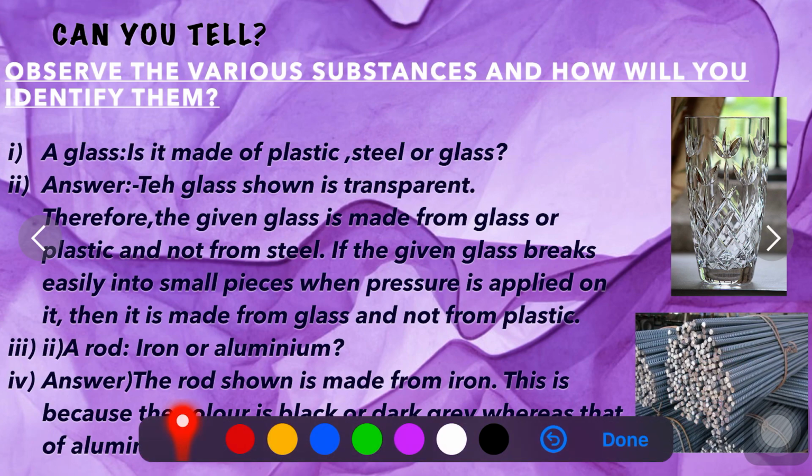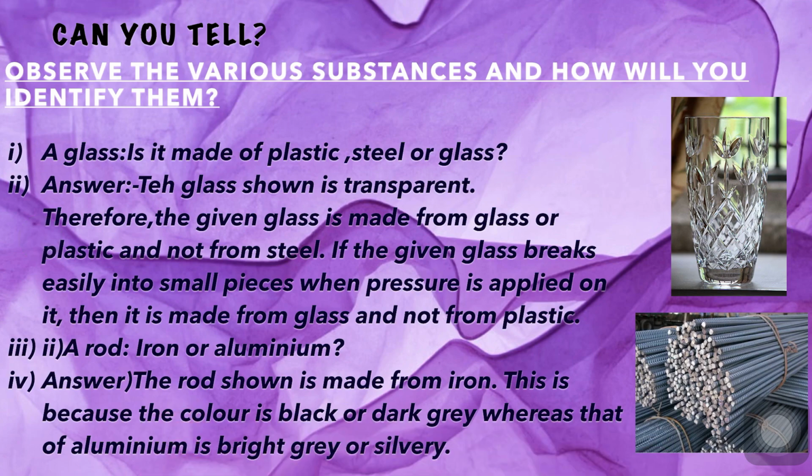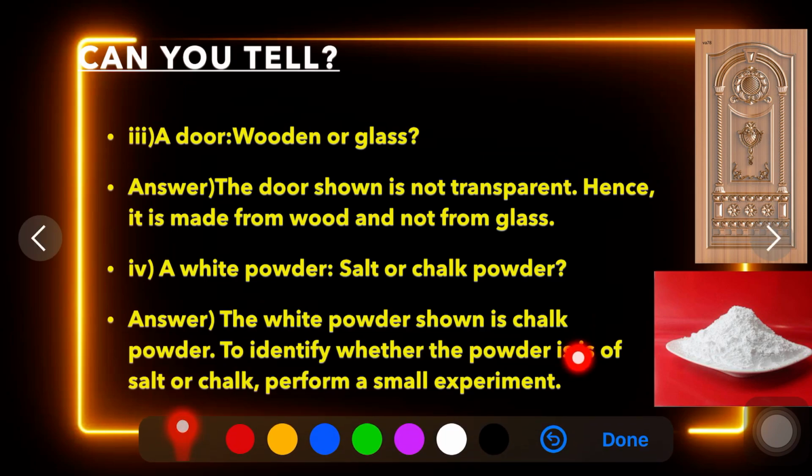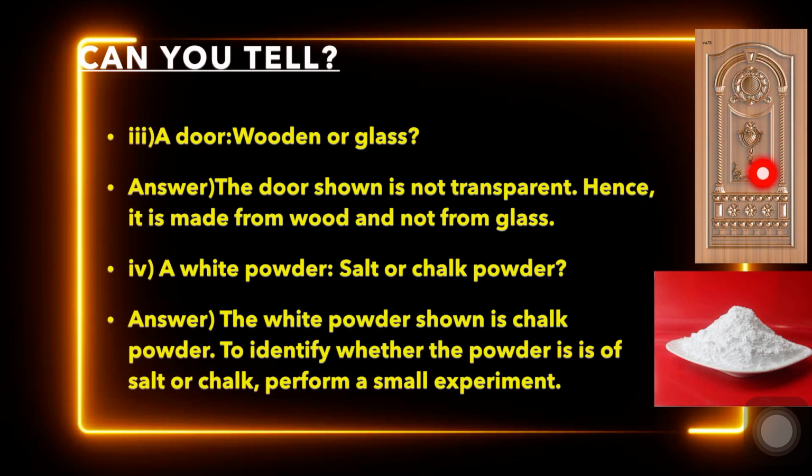You have seen easily in your kitchen, aluminium utensils, which are basically silvery or bright grey in color. Next, a door. Is it made of wood or glass? The door shown is not transparent. Hence, it is made from wood and not from glass.